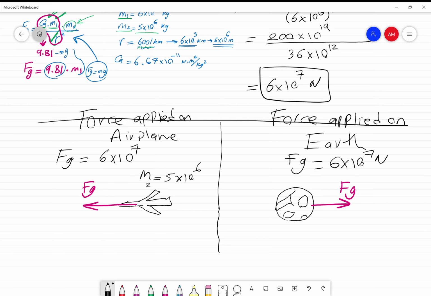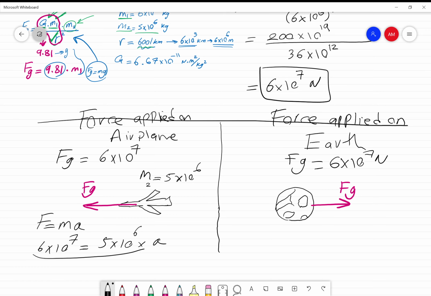So this is where it becomes important. Now, there's a force of Fg, and there's a mass of 5 times 10 to the power 6. Can you find the acceleration? Yes, we can. F equal to ma, correct? So F is how much? 6 times 10 to the power 7. M is how much? 5 times 10 to the power 6 times acceleration.